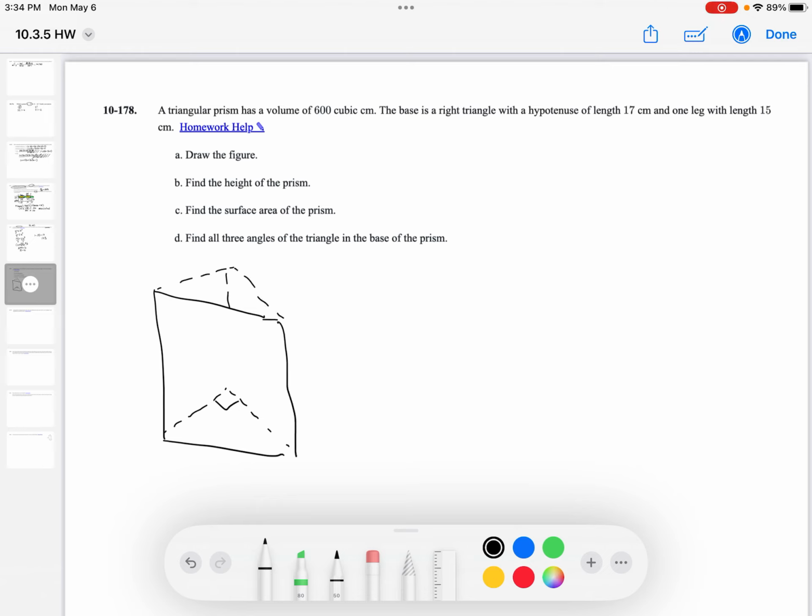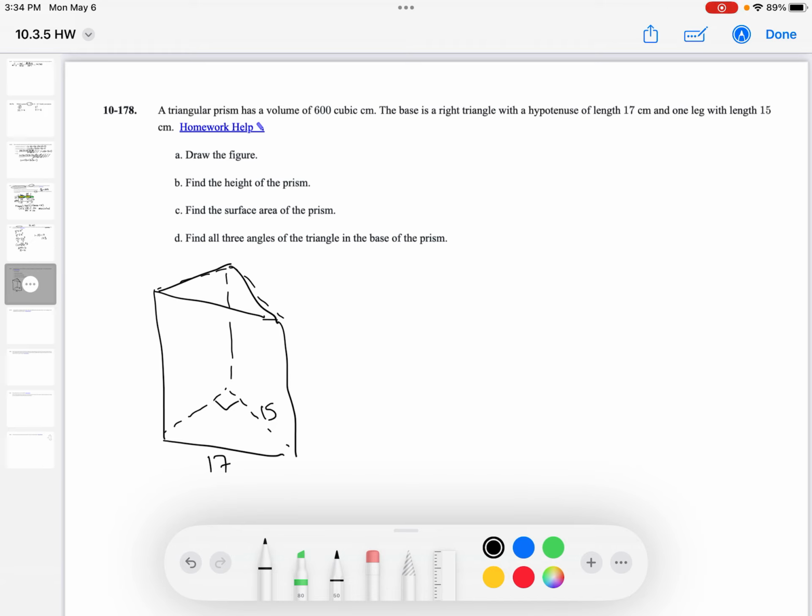Okay, that's not too bad. Here's our prism. Oh, and those would be solid lines, right? And the base is a right triangle. The hypotenuse is 17, and one leg is 15. First, draw the figure. Okay, there's my best effort. And they want us to find the height.